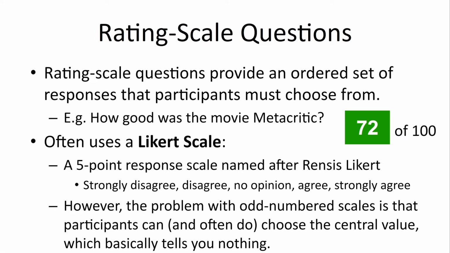Now, this is the most popular, but it does have a problem. No matter how well you format your survey and your answer options, there's always a potential for some confusion or some inefficiency. Like the problem with odd numbered scales like the Likert scale is like what I previously described.